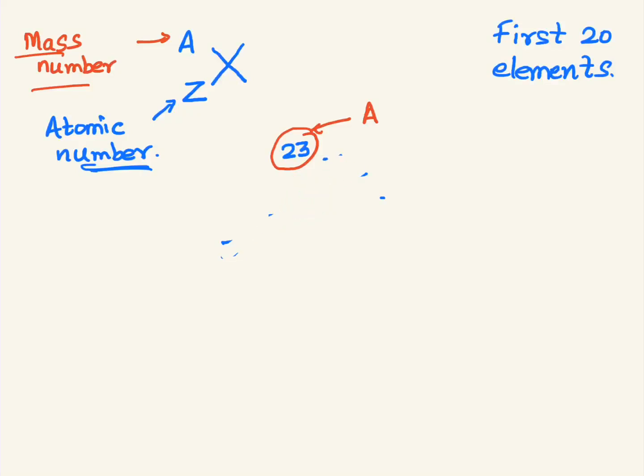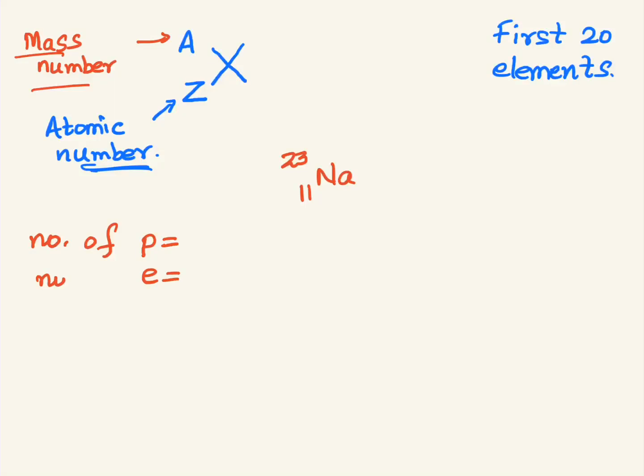Now, from these numbers, tell me the number of protons, number of electrons, and number of neutrons in sodium. Sodium is 11Na23. Now you have to tell me the number of protons it has, the number of electrons. I'm not talking about charge over here, please.